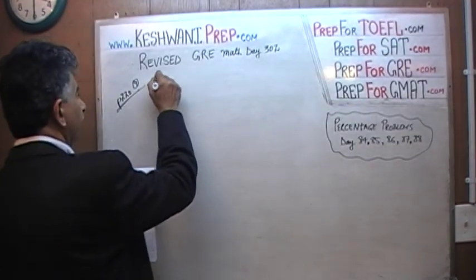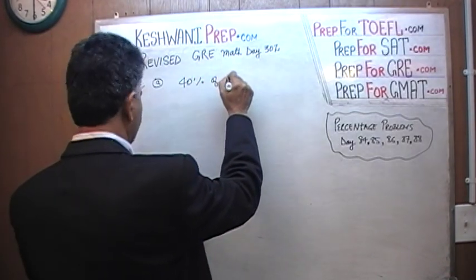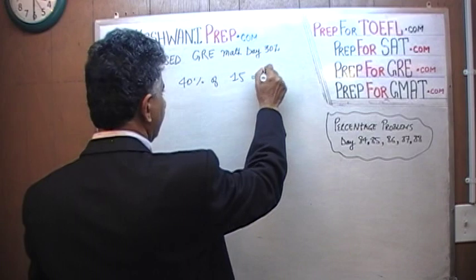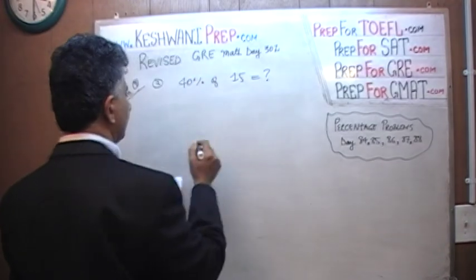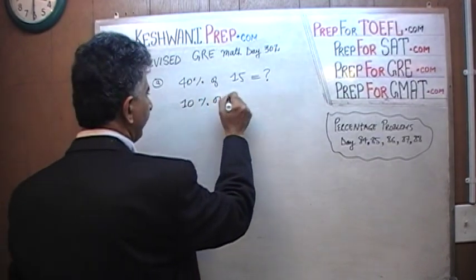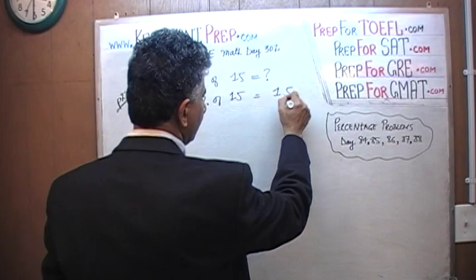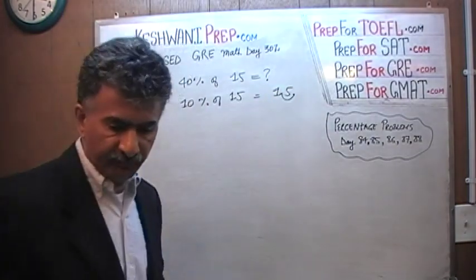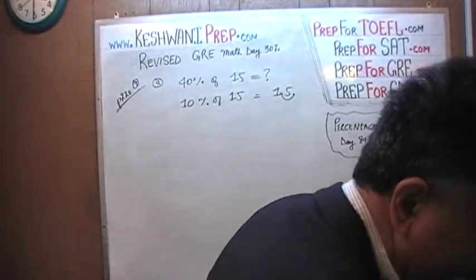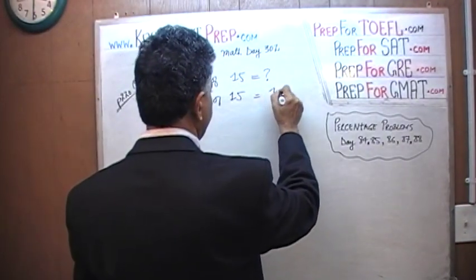Problem number 9, part A. It says, 40% of 15 is what? Well, we know 10% of 15 is simply: you take your 15 and move the decimal place over, and it becomes 1.5. 10% of anything is just 1/10 of the quantity, and 1/10 of 15 is 1.5.